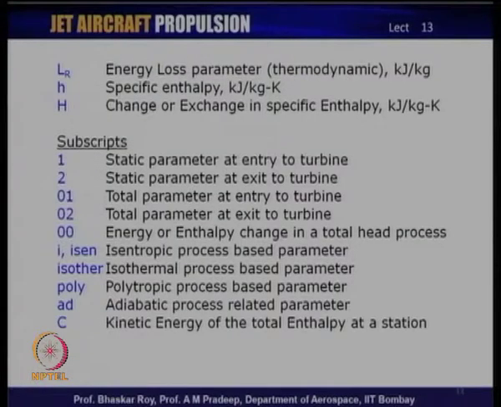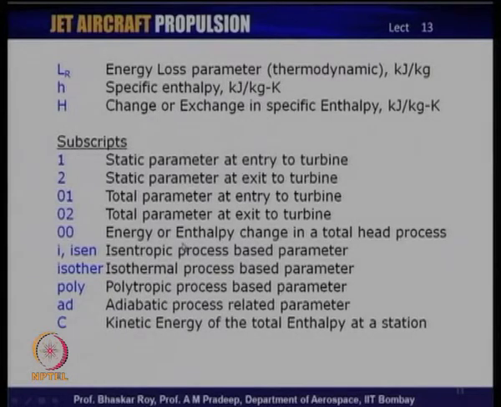The parameters that we have talked about are listed over here. So, we have talked about the energy loss parameter, which we have said is LR, h is the specific enthalpy, and capital H is the change in specific enthalpy from one station to another, and these are the subscripts. 1 is the entry, 2 is the exit, and 01 is the total parameter at entry, 02 is the total parameter at exit. 00 is normally the enthalpy or energy change in the total head process.